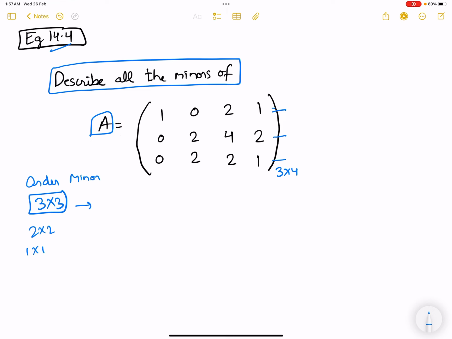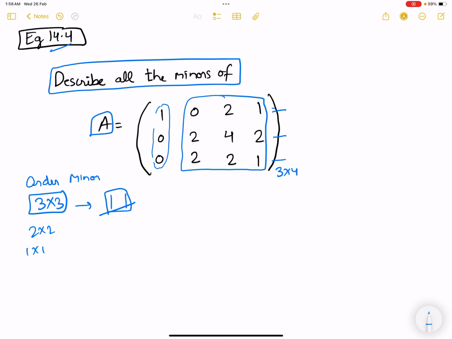Now looking at 3 cross 3. If we remove the first column, this would be our minor. Finding the determinant of this would give us the minor.